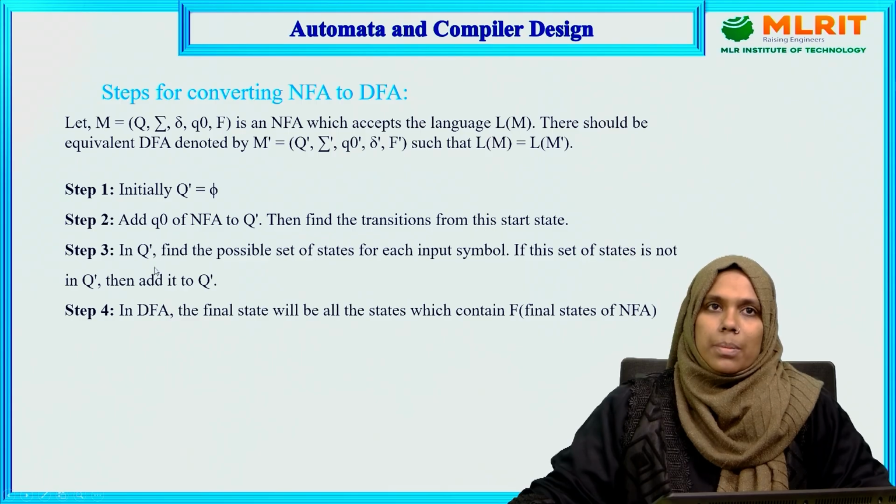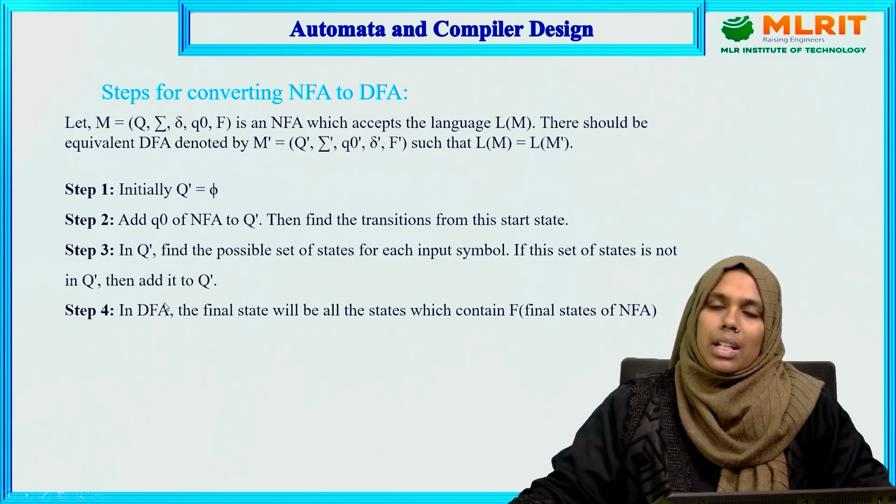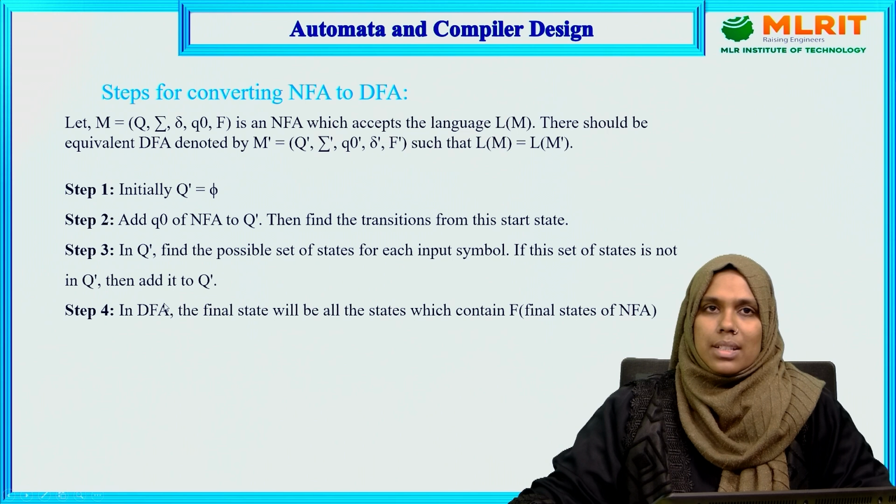In the third step, in Q dash, we find all the possible states for each input symbol. If the states already belong to Q dash, nothing more is added. If new states are generated, then we find the transition function for them. Finally, in step 4, we declare the DFA, where every state which contains the F symbol is a final state.